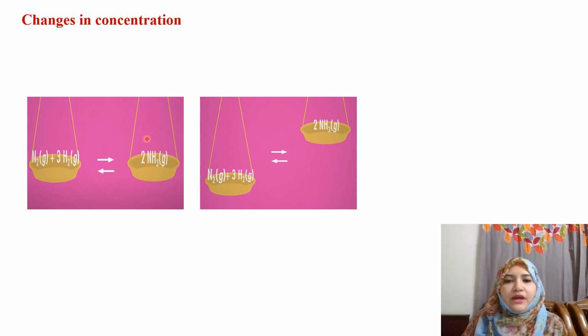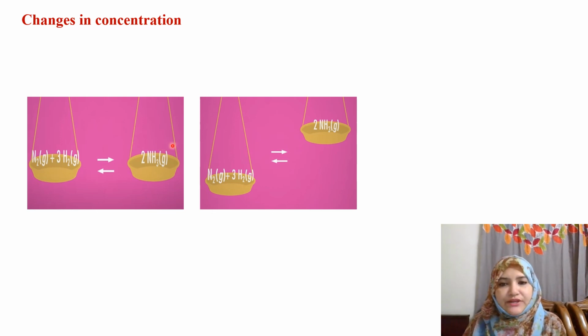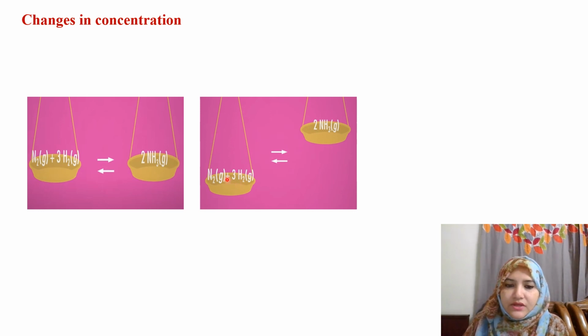If at this equilibrium point we add more nitrogen gas to the container, the existing hydrogen would have more nitrogen to react with. If we add more nitrogen or hydrogen, then the concentration of reactants increases and the equilibrium will be distorted.